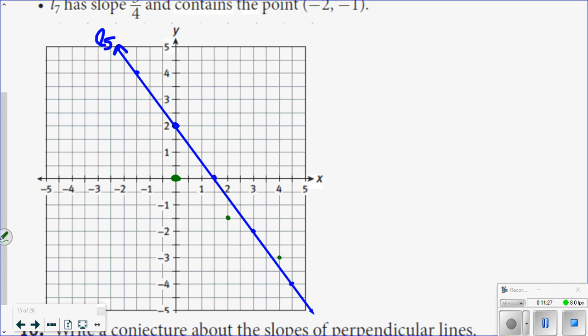Up 1, 2, 3, over 1, 2, 3, 4. And again, use a straight edge and connect those. And go ahead and do L7 as well.